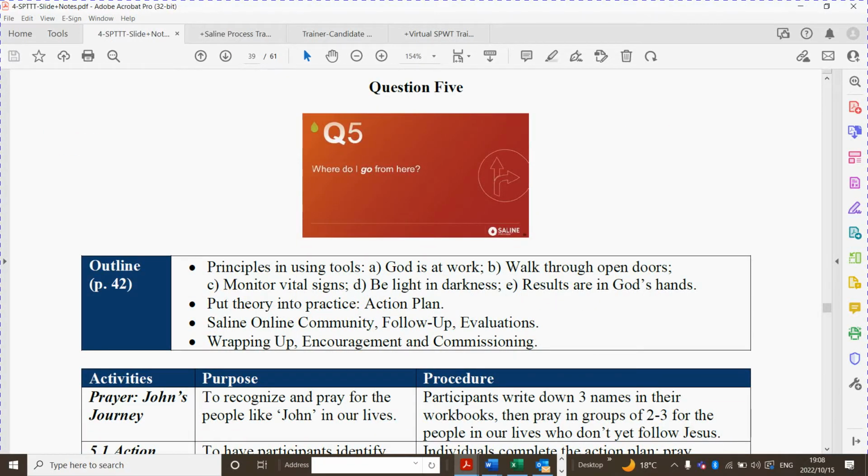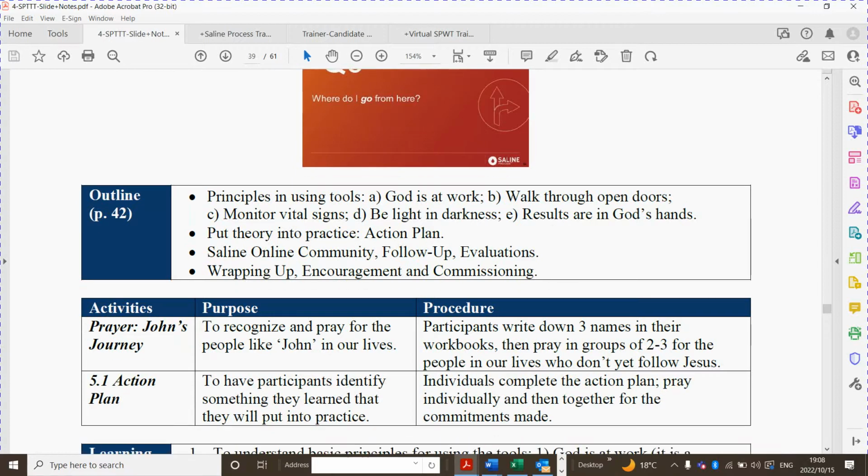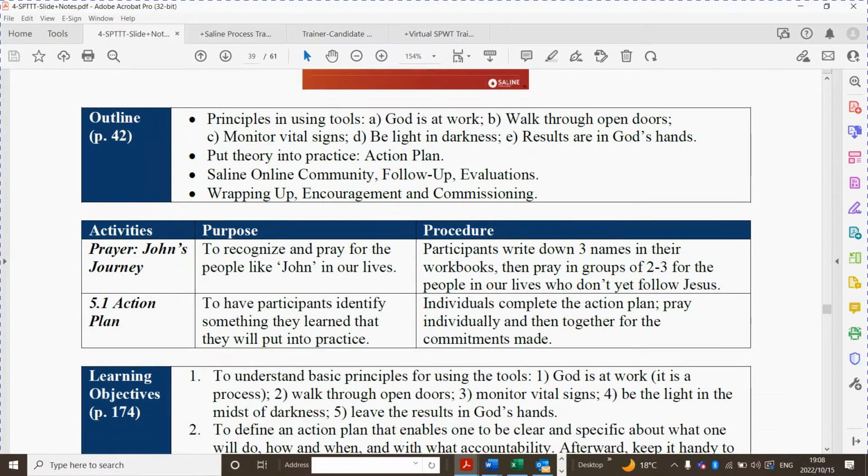Then activity 1 has to do with praying for the ability to reach out, to teach others, especially health workers, on the need to recognize the opportunities that may come their way, and then encourage the colleagues to work for Christ in our workplace. The procedure has to do with praying for ourselves, praying for our colleagues, and praying for our participants as well.